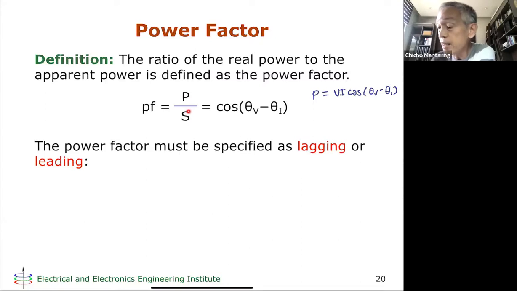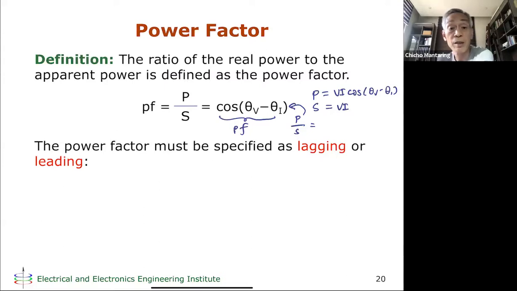And then S, my apparent power, is just equal to VI. So P over S will give me cosine(theta V minus theta I). This is what you call your power factor.